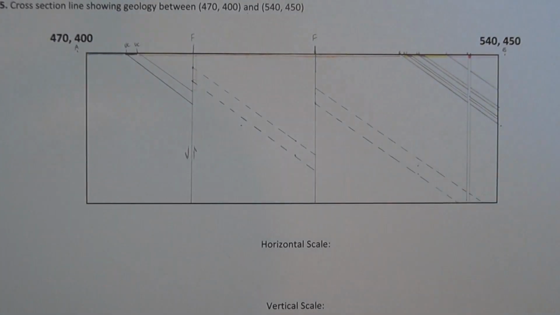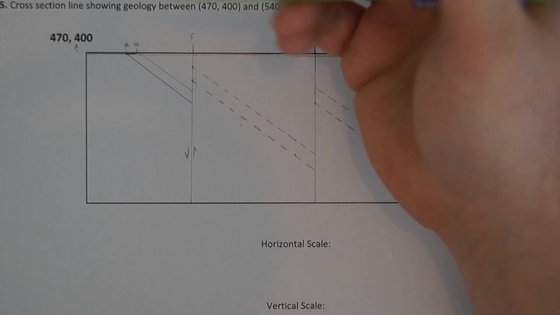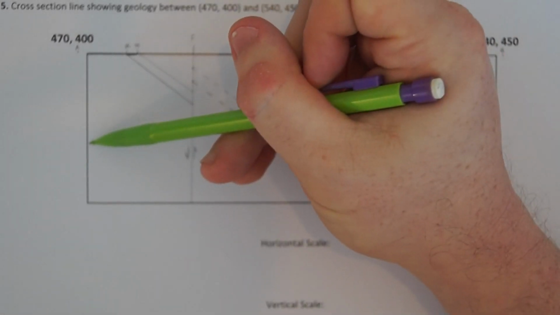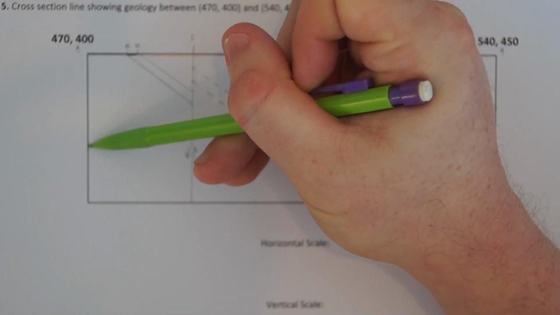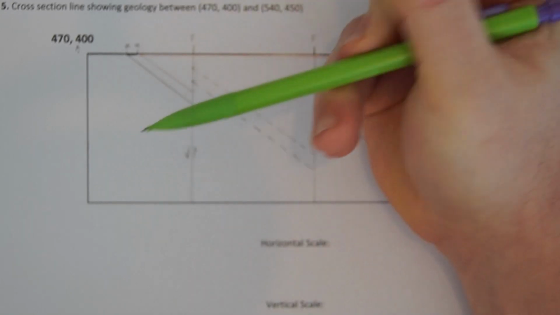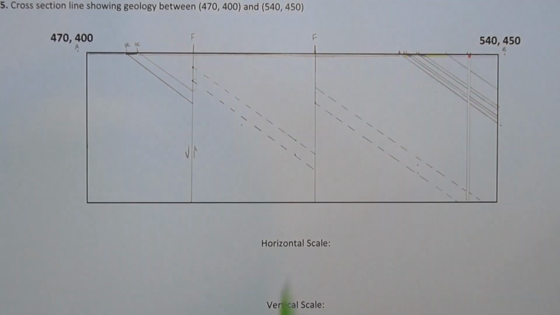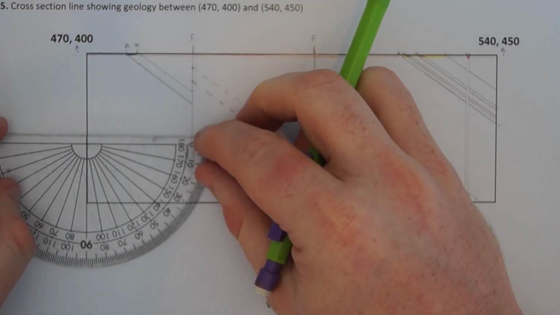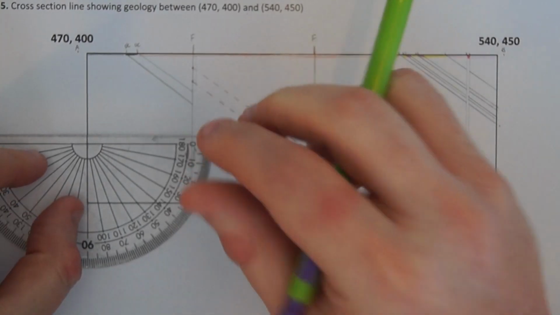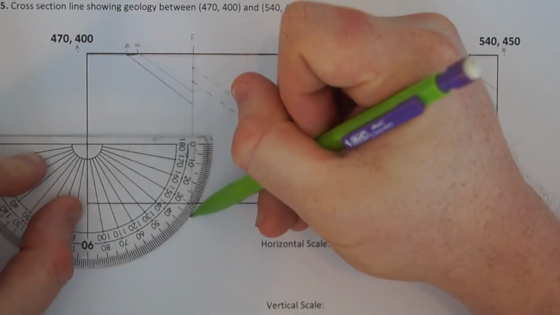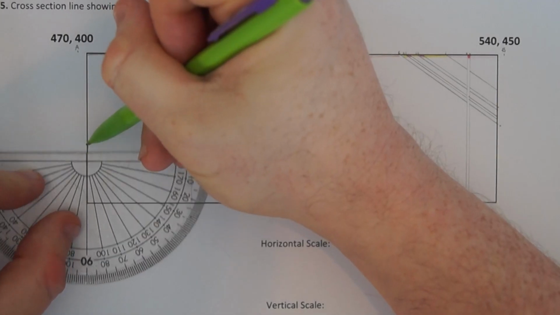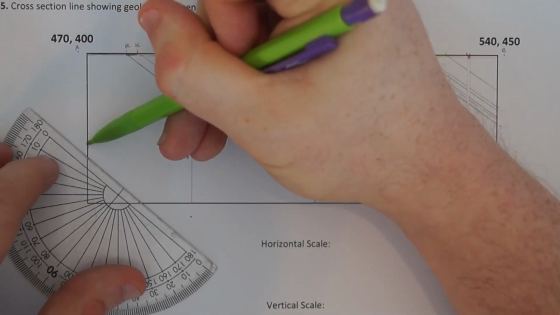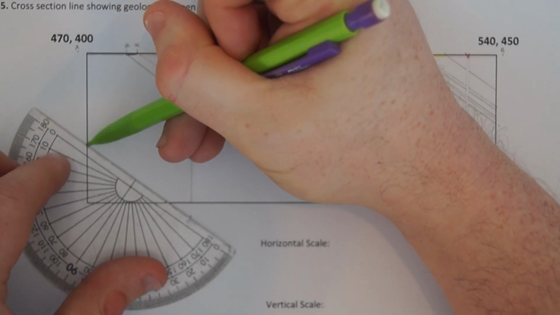Now, based on the relative thicknesses in the stratigraphic column, I'm going to say that about there would be a good estimate. And because those limestone rocks are conformable with the overlying millstone grit, I'm going to plot that again at 35 degrees. So here we go.